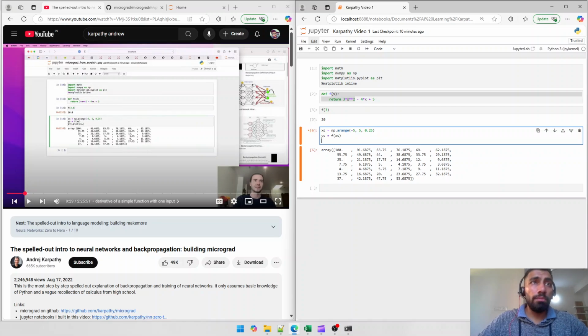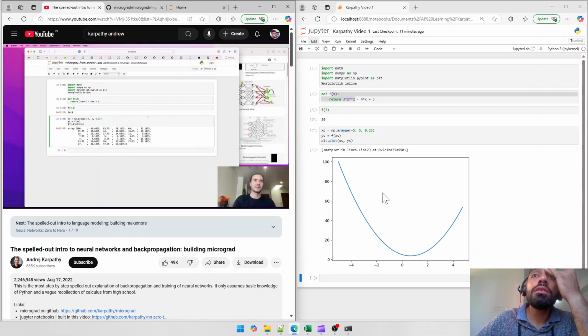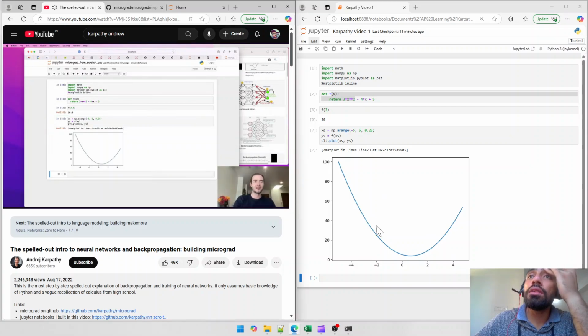And we can plot it using x's and y's, and we get a nice parabola. So previously here we fed in 3.0 somewhere here, and we received 20 back, which is here, the y coordinate.